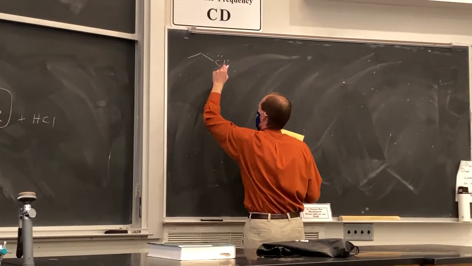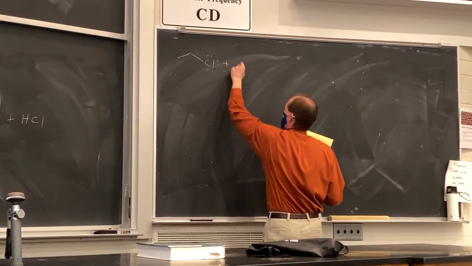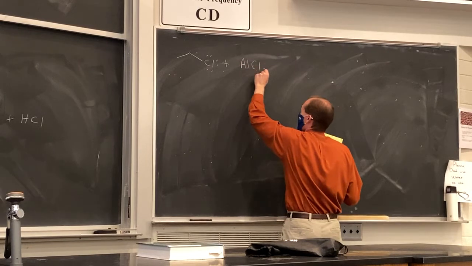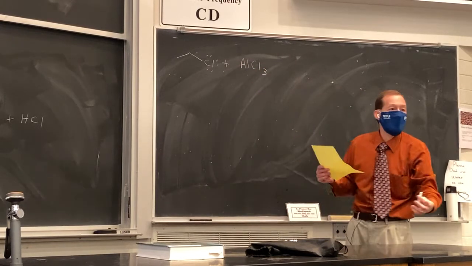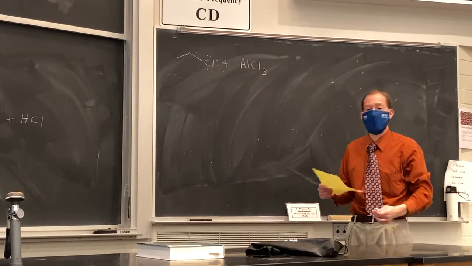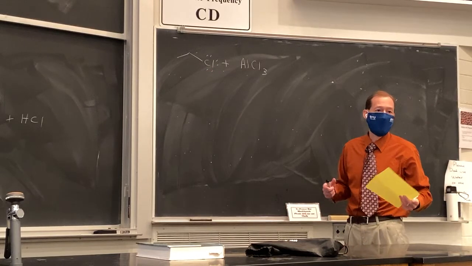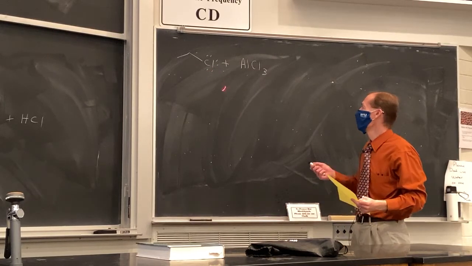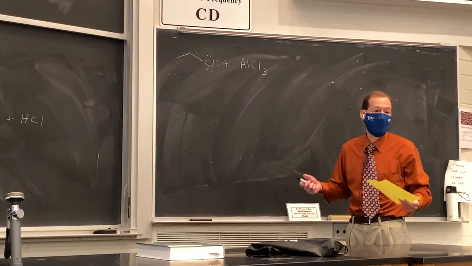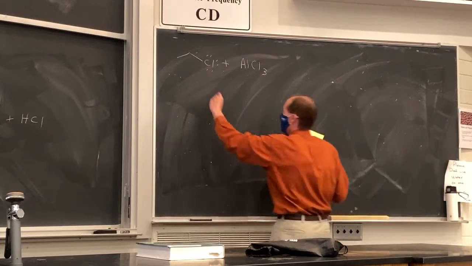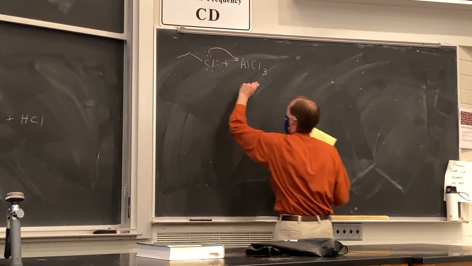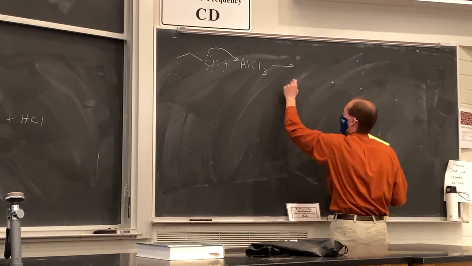The first step of the process is going to remind us of the first step in the halogenation reaction. Our alkyl halide is Lewis basic. It has lone pairs on chlorine. Our aluminum trichloride is Lewis acidic. So lone pairs on chlorine can attack the aluminum.